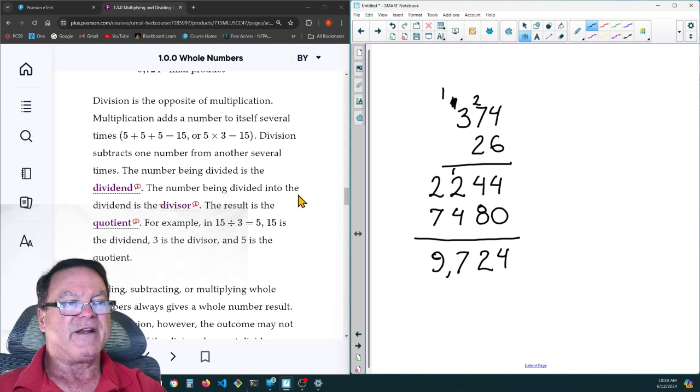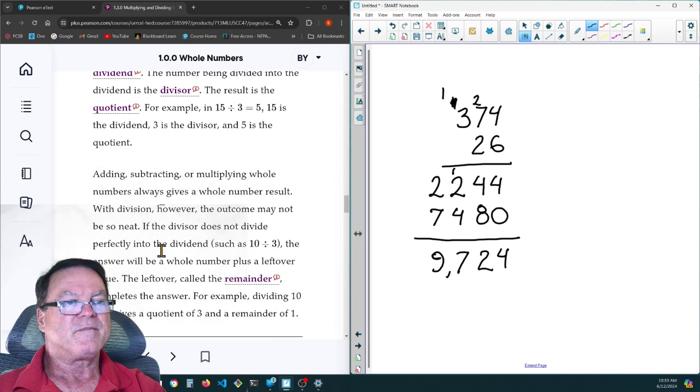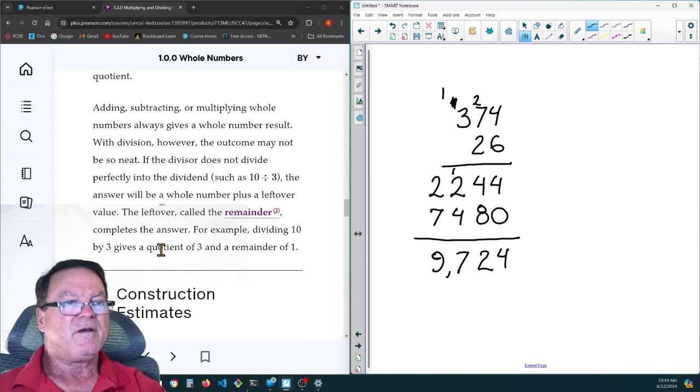The number being divided into is the divisor. The result is the quotient. So, for example, in 15 divided by 3 equals 5, 15 is the dividend, 3 is the divisor, and 5 is the quotient. Okay.